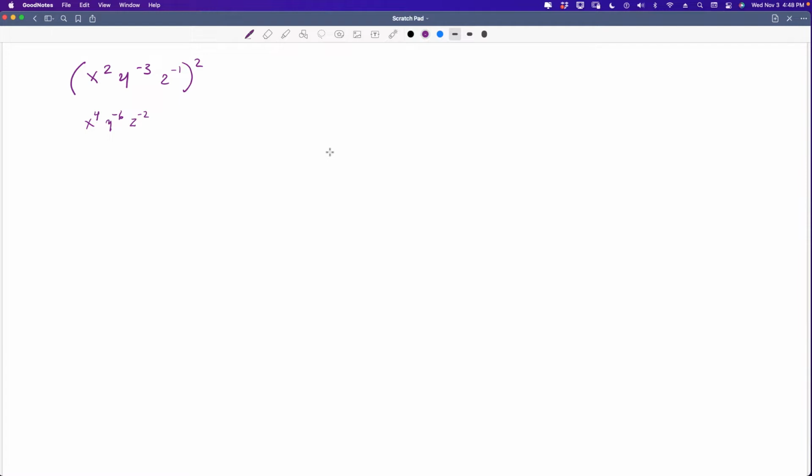What if we have a whole number in there? What happens then? Let's say we have 2x to the 2, y to the 3, z to the 1, and we have raised that to the power of 3. We put that exponent on each individual factor.